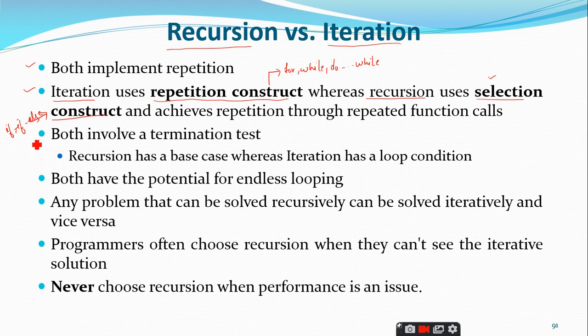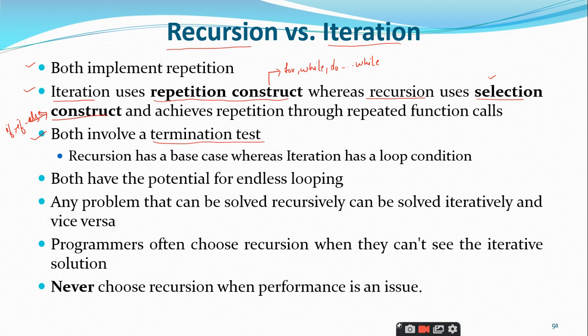And I told this point also, we have discussed it. Both of them involve the termination test. Without a termination test, you cannot write the iteration programs or the recursive programs. If you don't give the termination test, both of them will end in some problems.